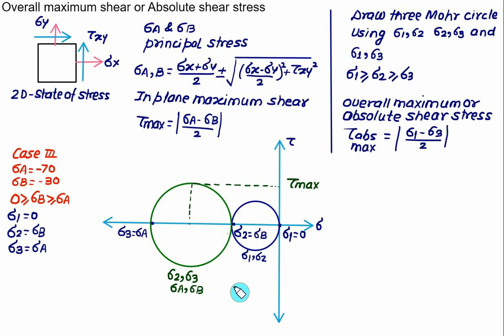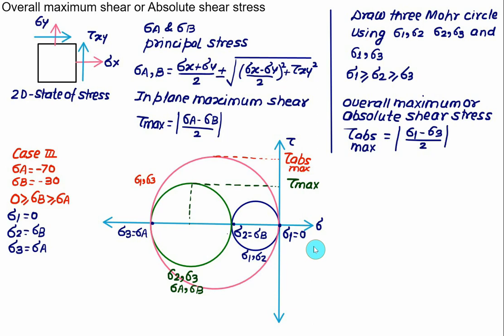And the largest possible Mohr circle is fixed, that is, sigma 1 and sigma 3. So you have to draw one more Mohr circle. This one is the third Mohr circle we have drawn with sigma 1 and sigma 3. If you measure the radius of this, that is, by drawing the tangent to it, you can measure the maximum value. This is called the overall maximum shear, represented by tau absolute maximum, that is, the absolute shear stress.